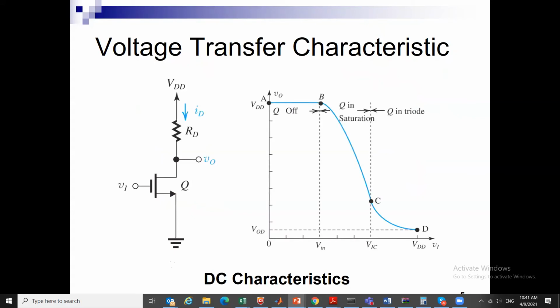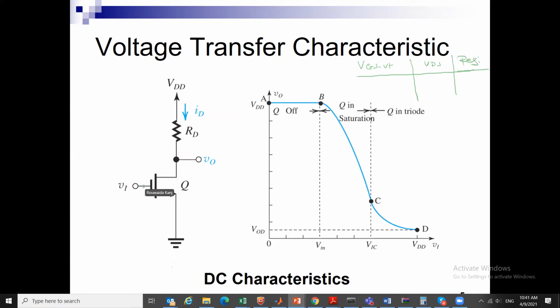Now we can head back to the inverter DC characteristics and inspect this curve. For the inverter, let us put a table for the transistor. I have my NMOS, so I want to find the VGS minus VT quantity, and the VDS quantity, and I want to determine the region. Always do that.